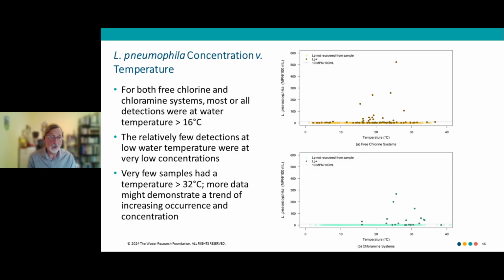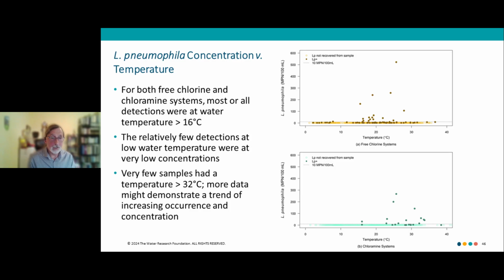Concentration versus temperature. We had a little bit surprising results here. The top graph is similar to the plots that I showed in the previous slide. In the top graph, we've got temperature in degrees Celsius on the x-axis, and then Legionella pneumophila as MPN per 100 milliliters on the y-axis.